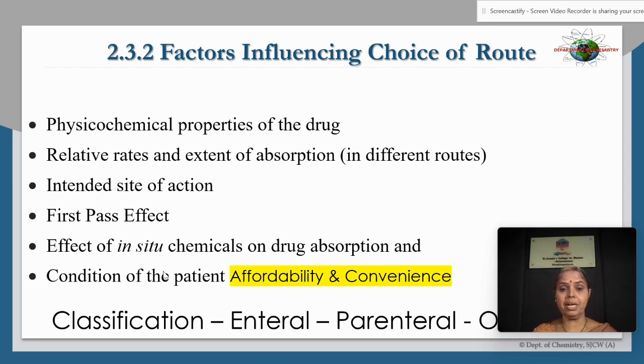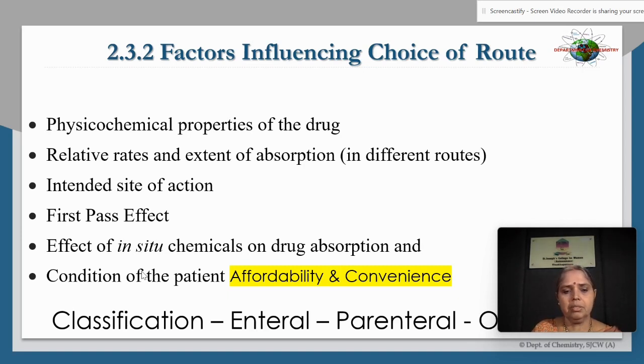Something needs to be done internally. So where is the site of action, and is there any first pass effect associated with the particular route? Effect of in situ chemicals, condition of the patient, affordability and convenience, all these factors decide on the particular route of drug administration.